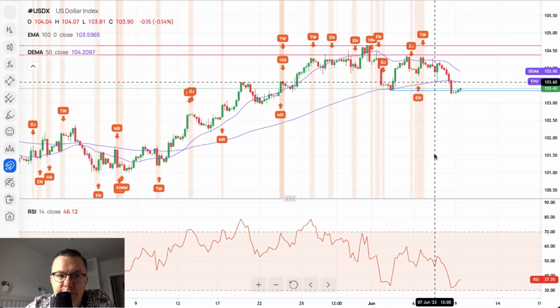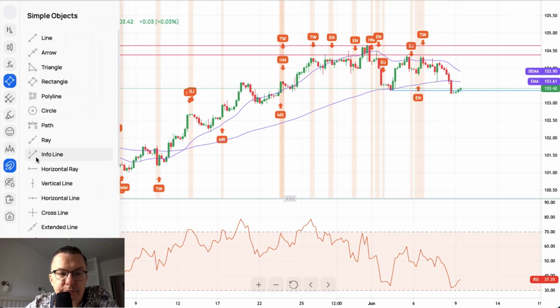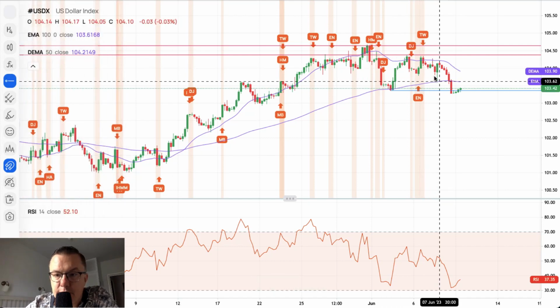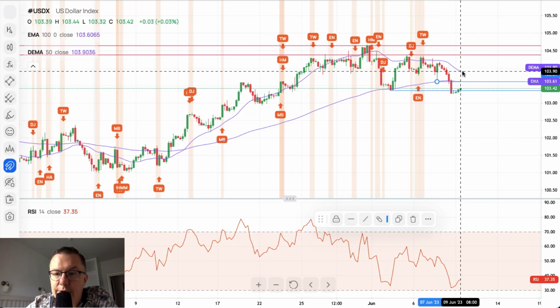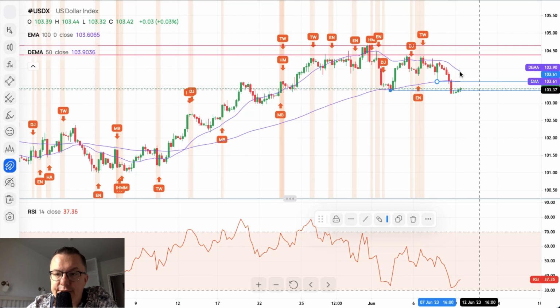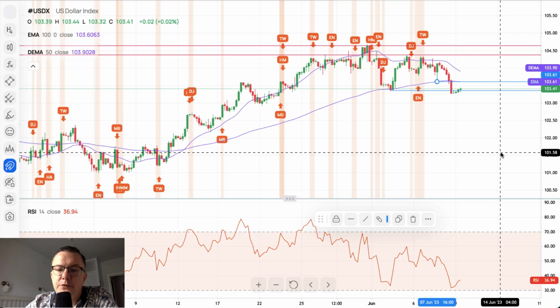So US dollar related pairs should go lower. However, this is a very limited pullback, maybe towards 103.61, where the 100 periods moving average is, maybe towards the 50 periods moving average. But this area here is very susceptible for another movement to the downside.